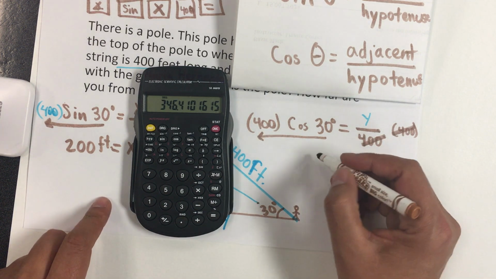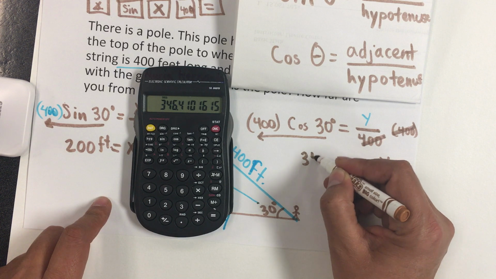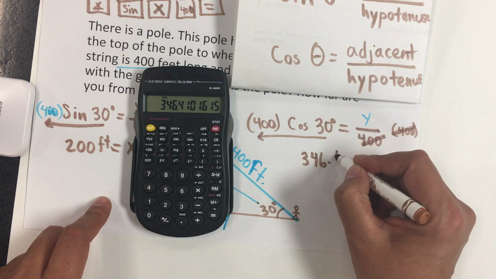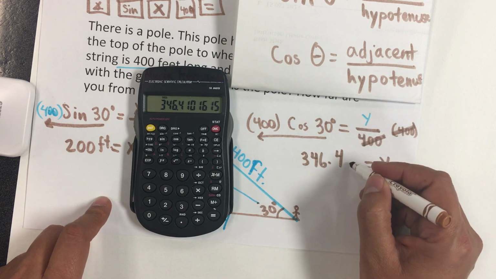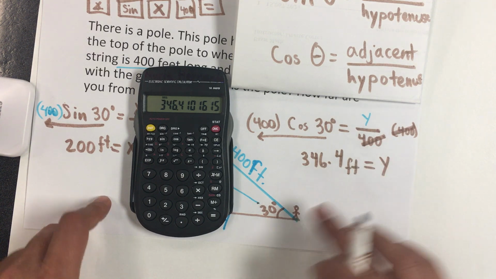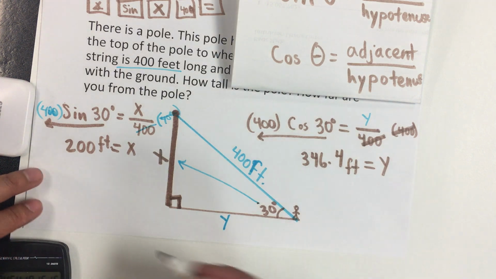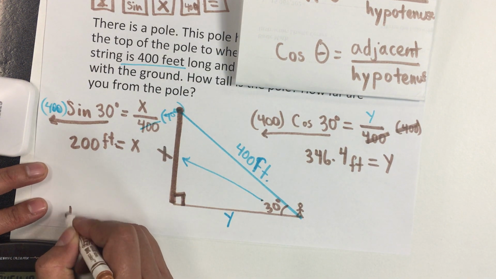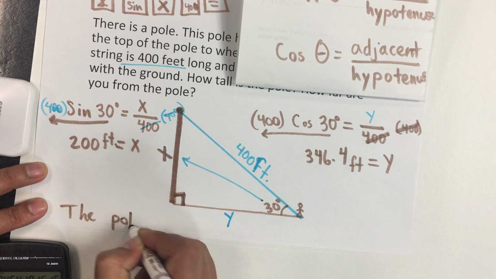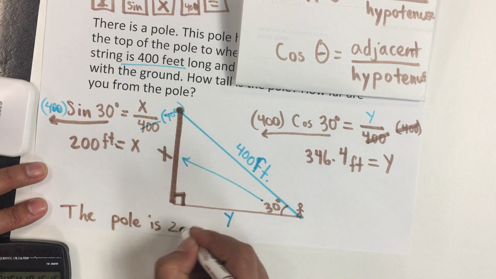So I am 346.4, if we round it, feet away from the pole. Okay, and so you're going to write a sentence. The pole is 200 feet.